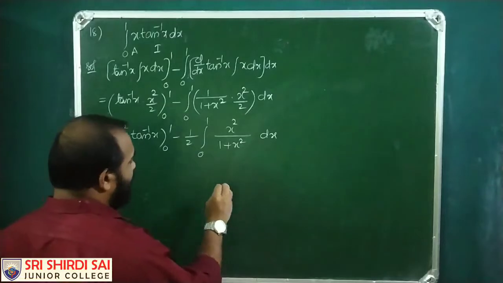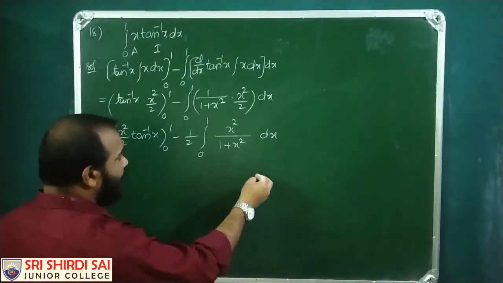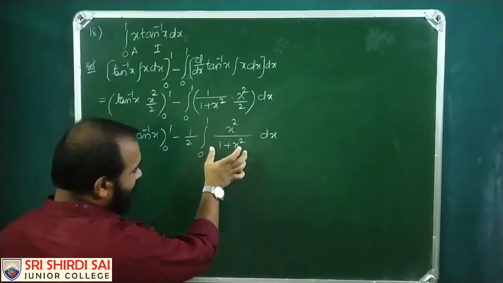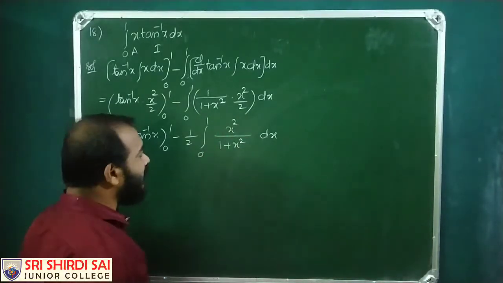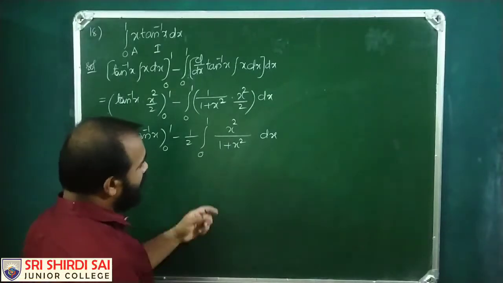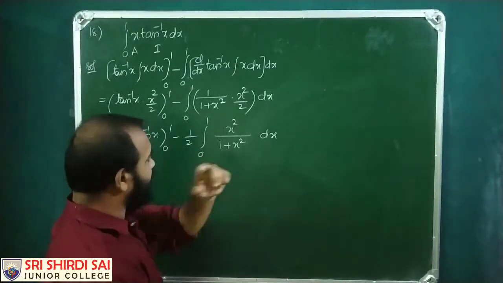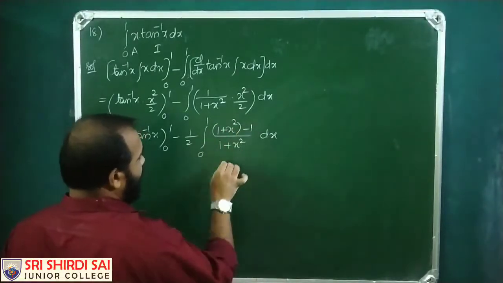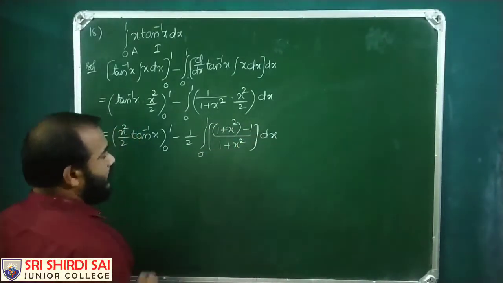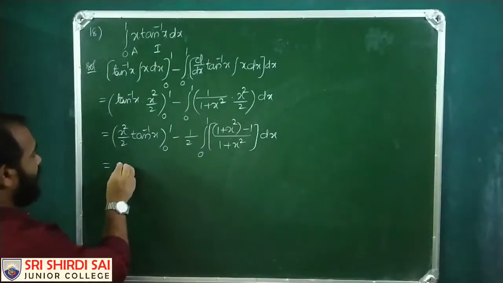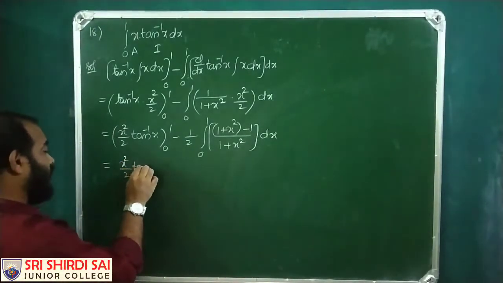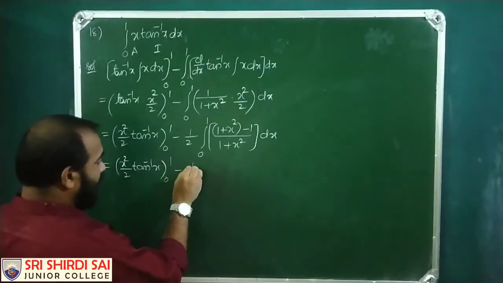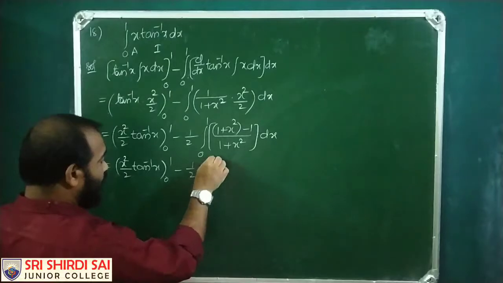That improper fraction we need to make into a proper fraction by dividing this x square numerator with the help of the denominator. Instead of that, I will prefer the adjustment. So 1 I will add and 1 I will subtract. So x square by 2 tan inverse x, 0 to 1, minus 1 by 2 integral 0 to 1.